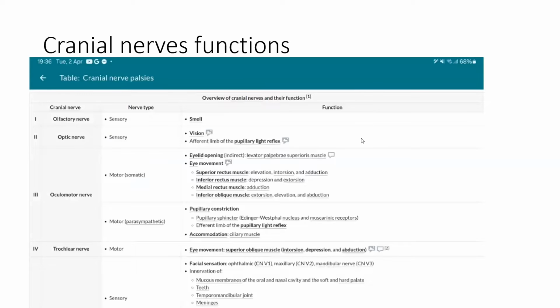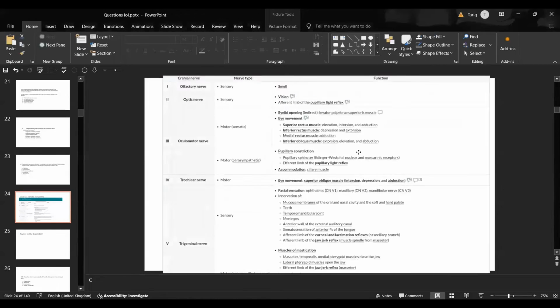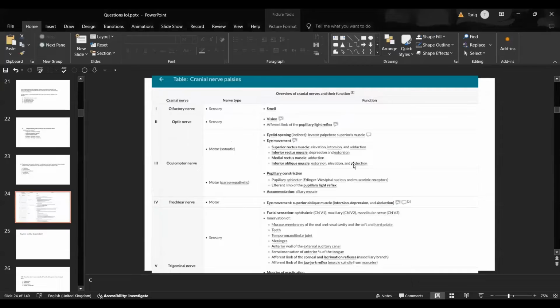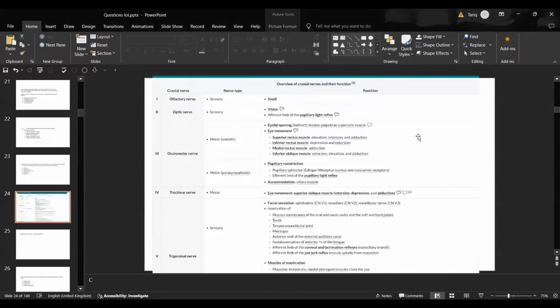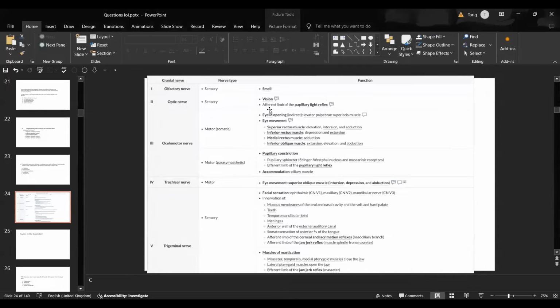So this is a quick recap of the cranial nerves and their related functions. Okay, so the olfactory nerve and the optic nerve, you won't find them in the brainstem, but olfactory is for smell, optic nerve is for sight.